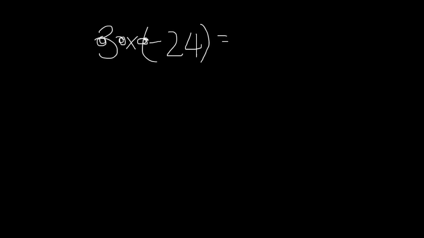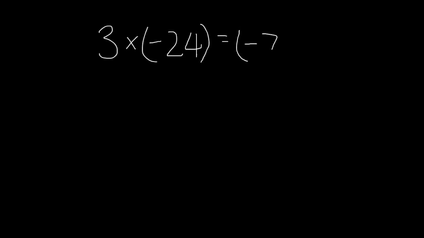Now that you know all the rules to multiplying and dividing integers, and you know some methods, here are some problems. 3 times negative 24. That equals negative 72.